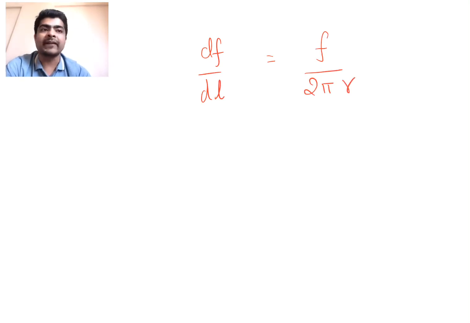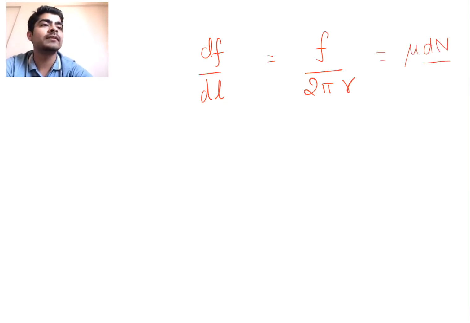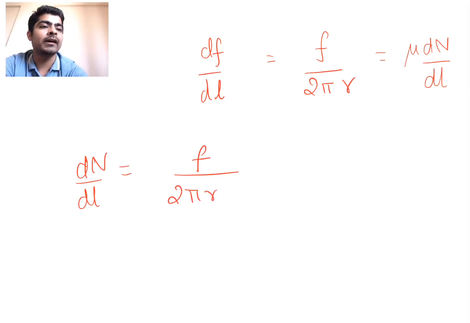Okay, dF by dl will be friction upon circumference 2 pi r. And dF is what? Mu times dN. So we write divide by dl again. So dF is mu dN and divide by dl we have this. So dN by dl will be equal to F divided by 2 pi r mu.